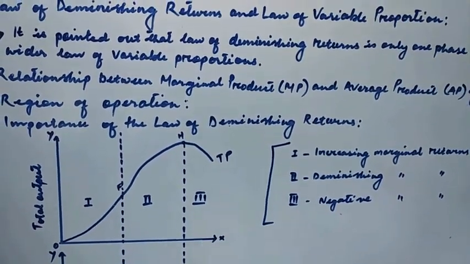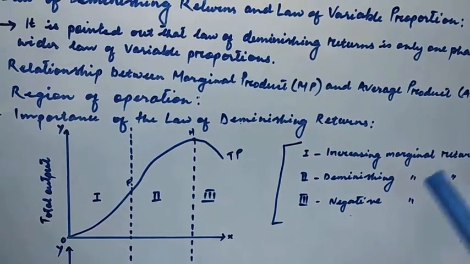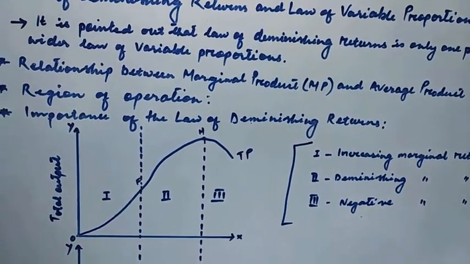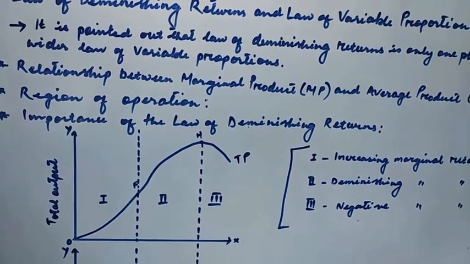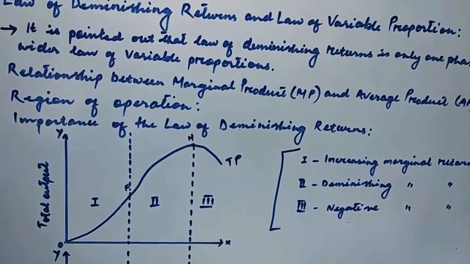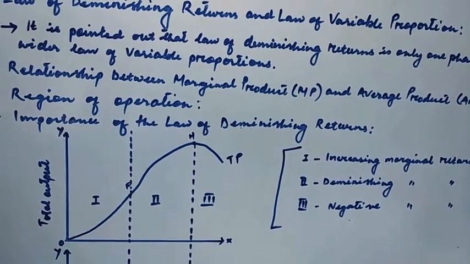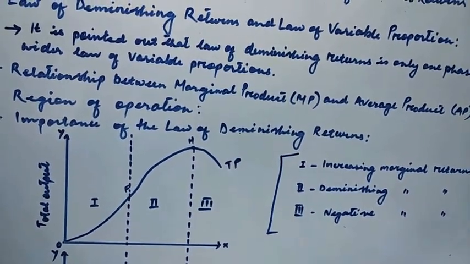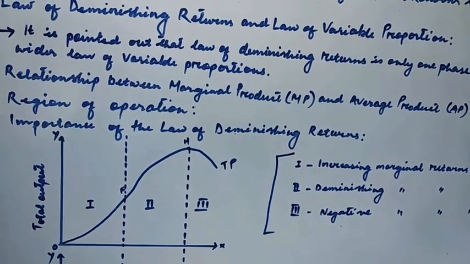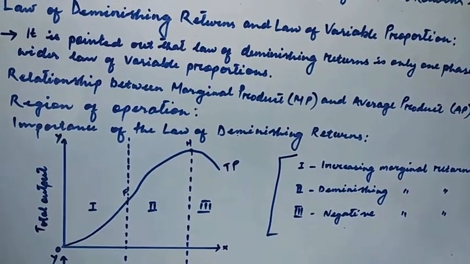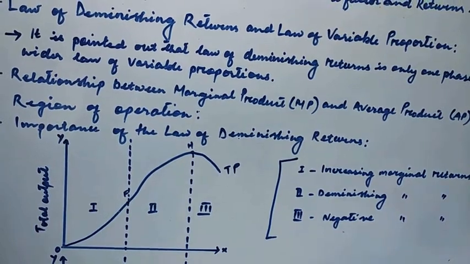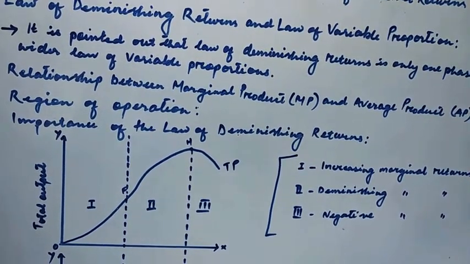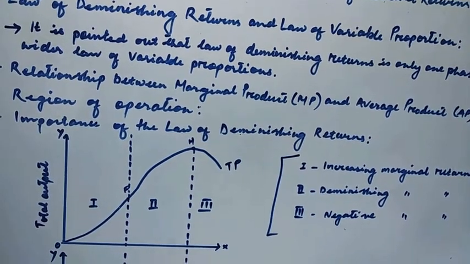According to them, the law of variable proportion states, and we're just talking about the definition, that as the quantity of a factor is increased, keeping the other factors constant, we get increasing marginal returns to the factor. After a point, we also see diminishing marginal returns to the variable factor.